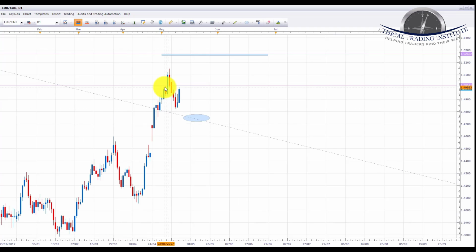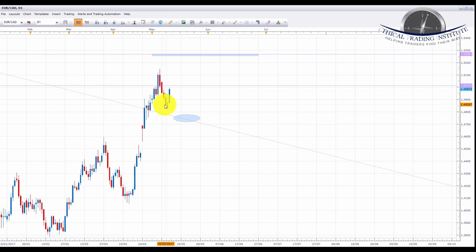EurCad. EurCad was sitting at this kind of resistance area, and it started to break down last week back below this resistance area. It is now pushing higher, and it is overall in an uptrend, as you can see. But I do wonder if this is now coming back to test this resistance, and if this is going to bounce from here and create a pullback to the major downward sloping trend line that it broke out of.